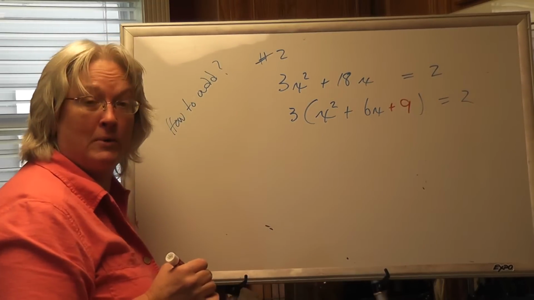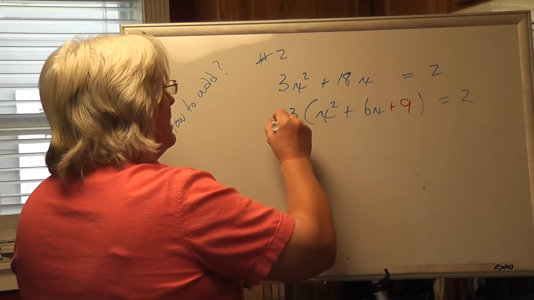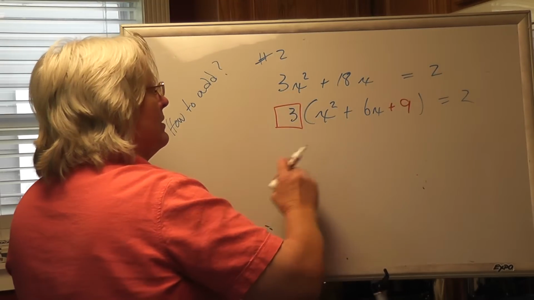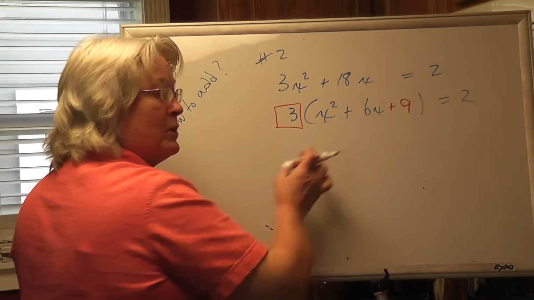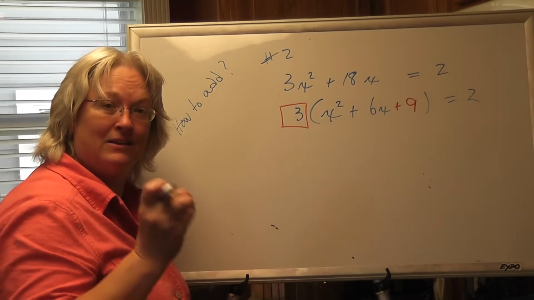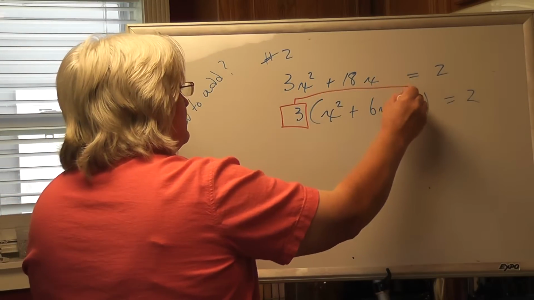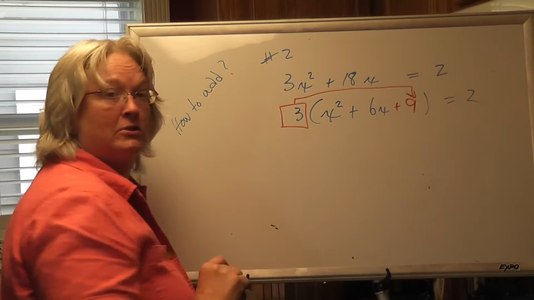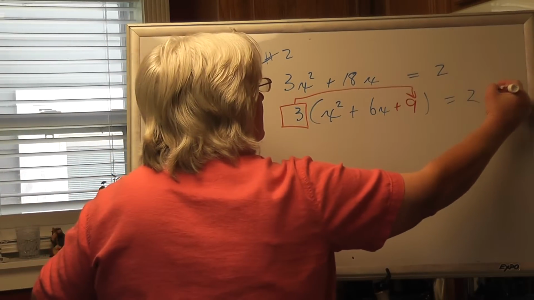So what am I actually adding? Am I adding a 9? No, I am not. Because I'm completing the square inside the parentheses, I have to take into consideration the multiplier out here. The constant term that I factored out, 3 times 9, is 27.